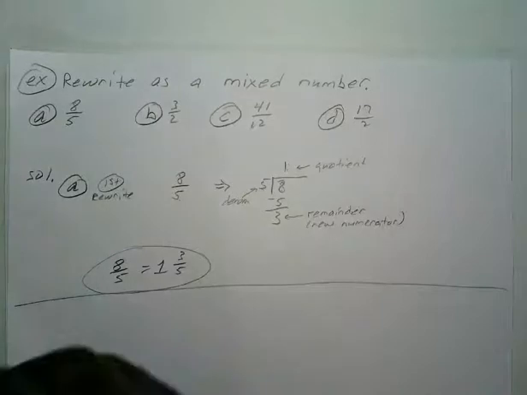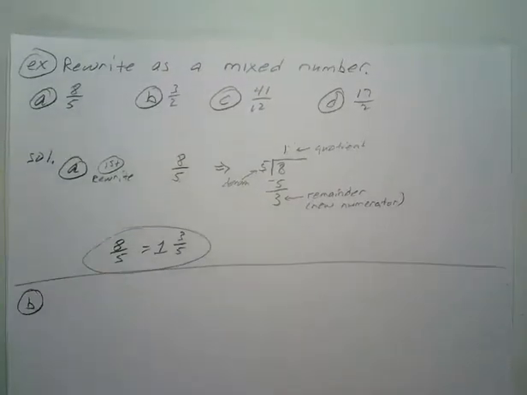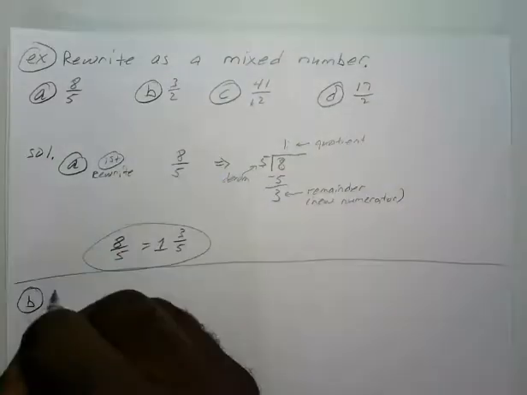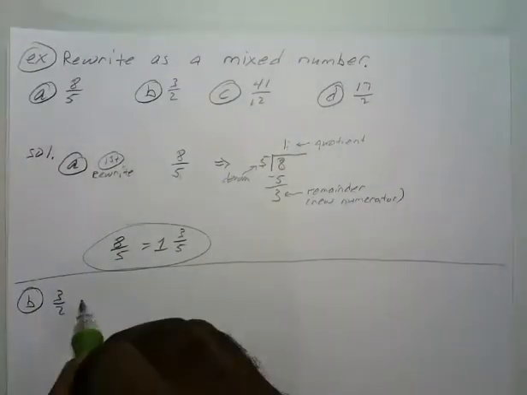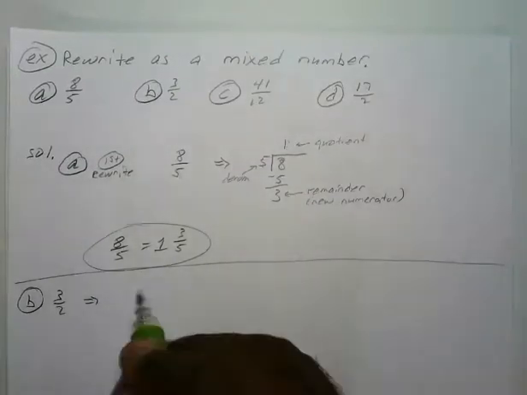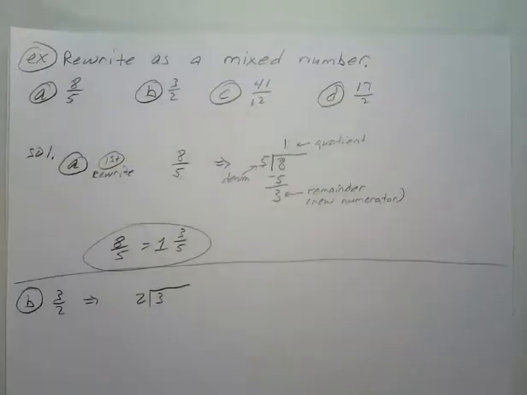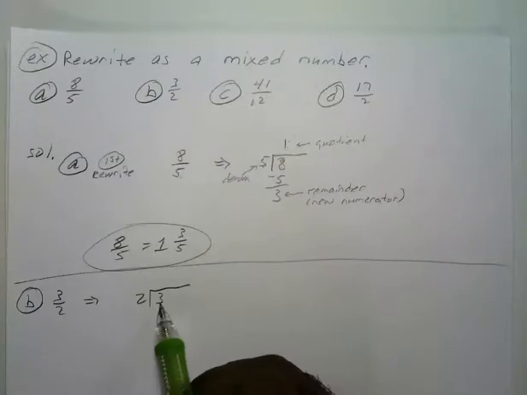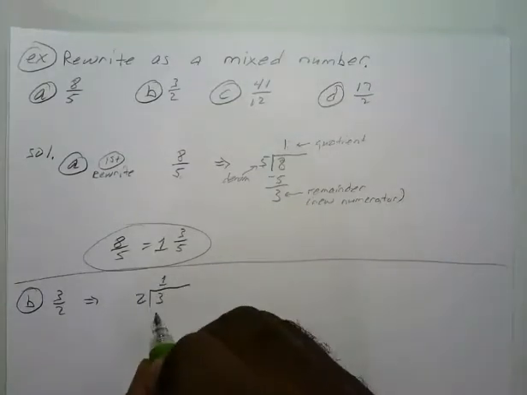Let's look at problem B. You have 3/2. Remember your first step, you're just going to rewrite it. So 3 divided by 2 is just going to be 3 divided by 2. And then you divide. 2 goes into 3 one time. 2 times 1 is 2.